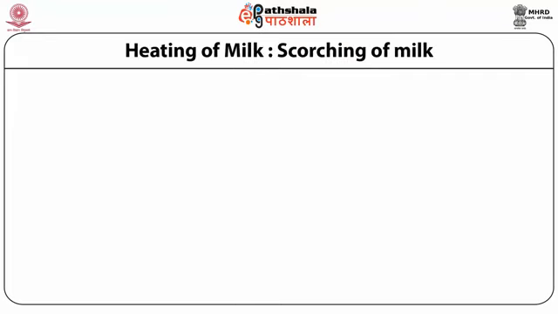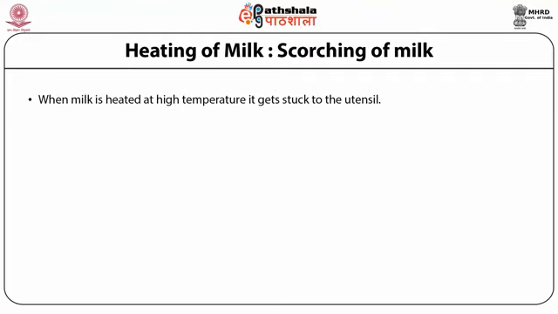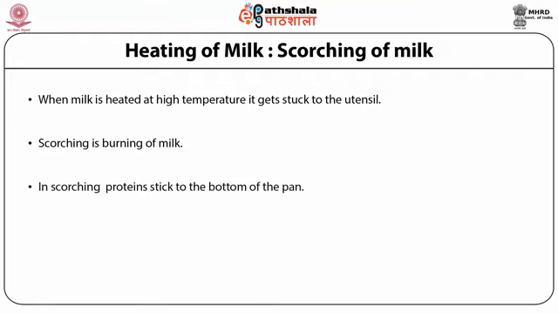Dear students, all of you must have known that when you boil milk carelessly, that is, when you boil it on a high flame, it gets burnt, and this burning process is termed scorching of milk. In the scorching process, milk proteins are stuck to the bottom of the pan, and milk sugar burns onto the pan.